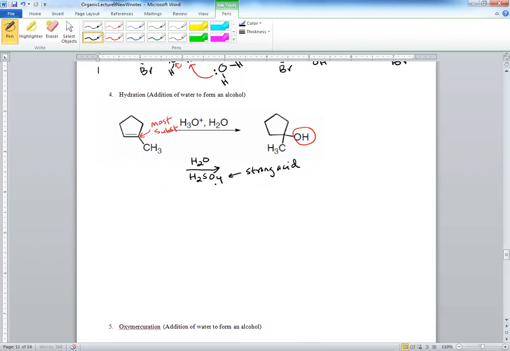And the reaction of water and acid would make H3O+, hydronium ion. So again, this means you're making hydronium ion just like it is here. So let's look at the mechanism.